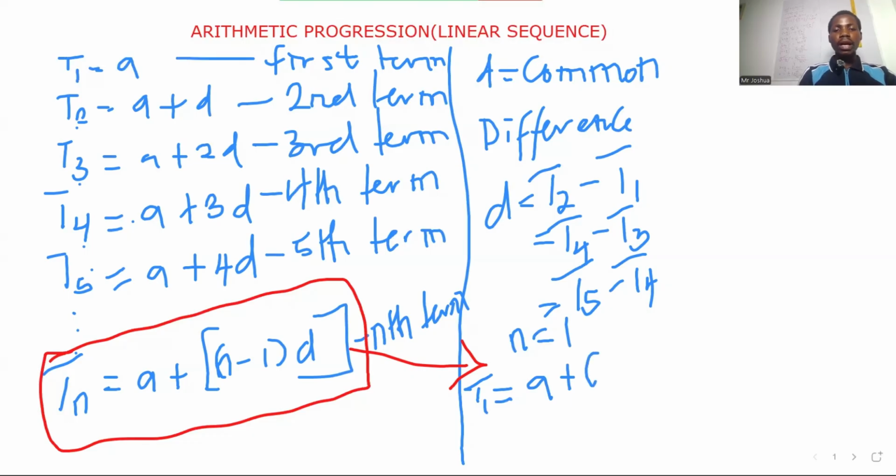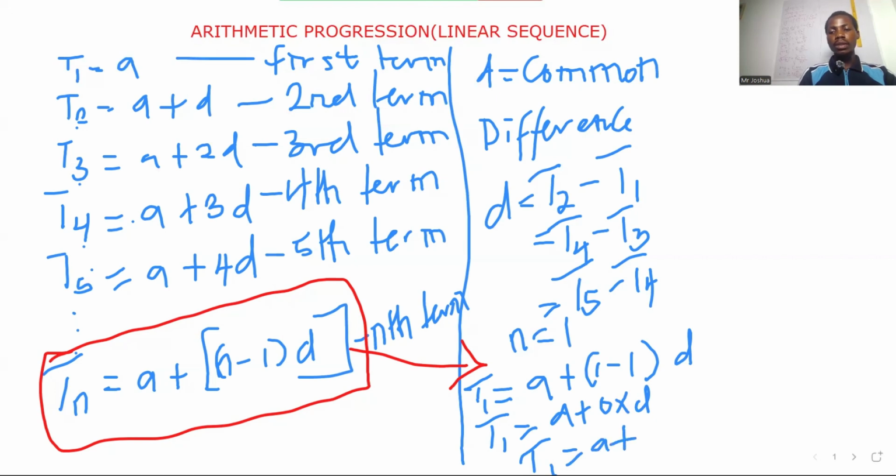Our n is now 1, then minus 1, following that formula, close bracket D. So our T1 is going to be equals A plus 1 minus 1 is 0 times D.